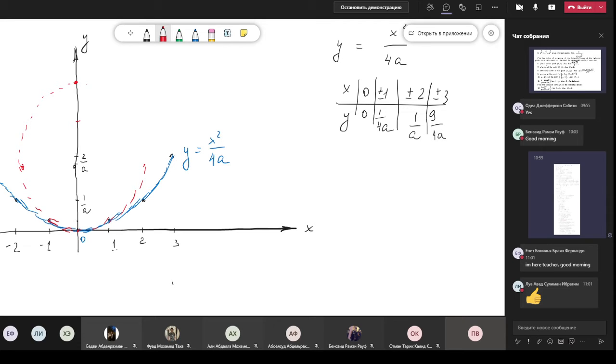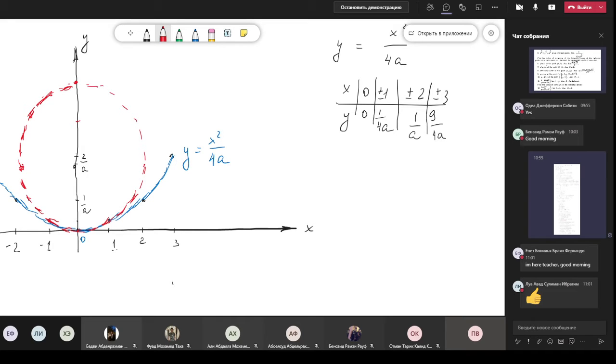It's very close to our line. That is the demonstration of our curve y is x squared over 4a, and this circle of curvature.